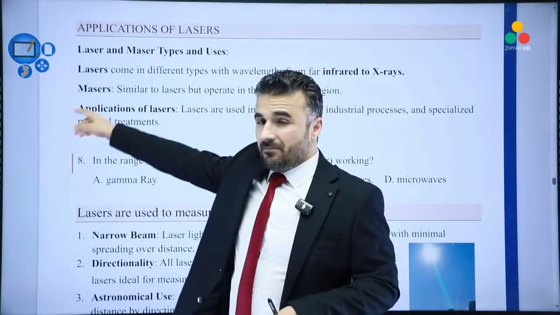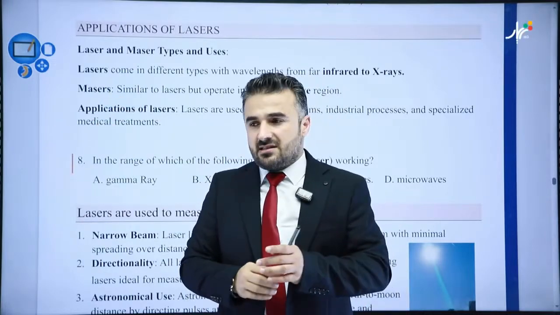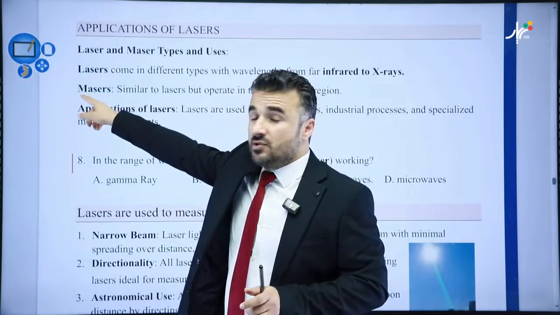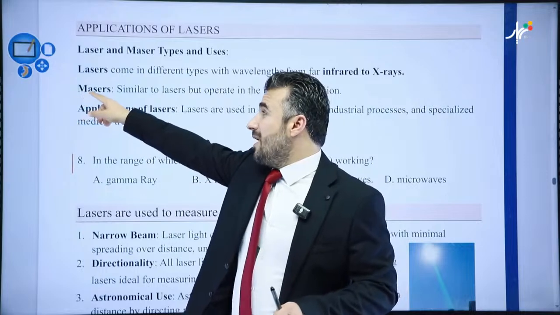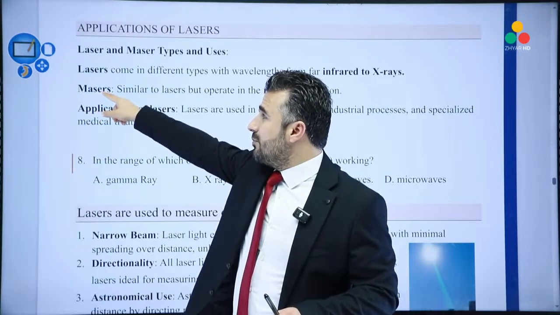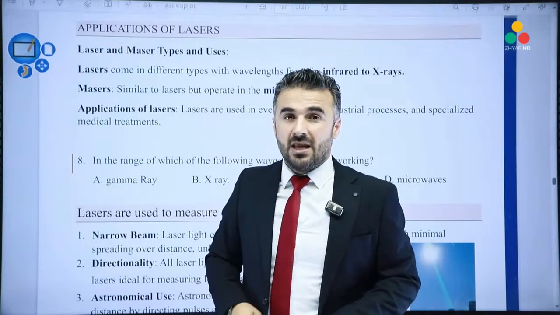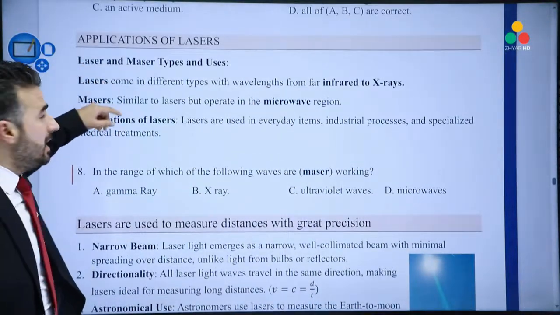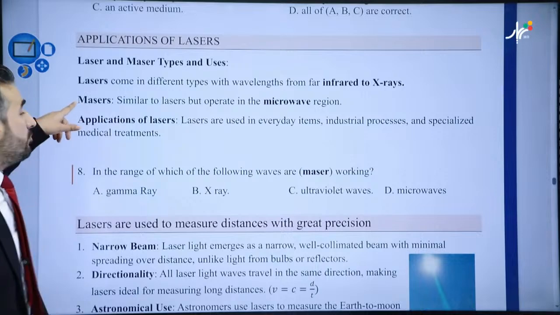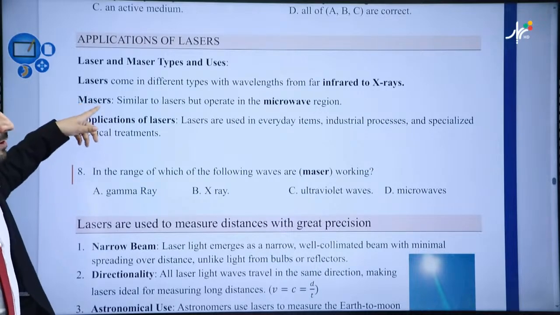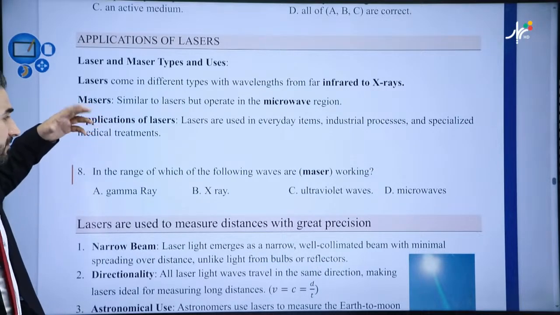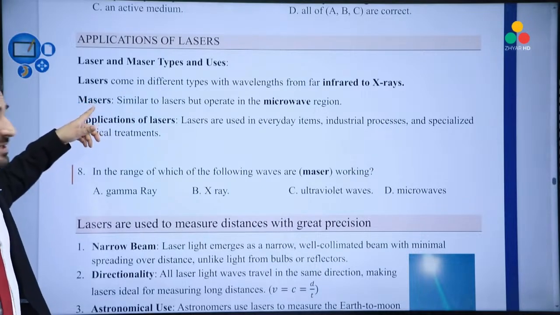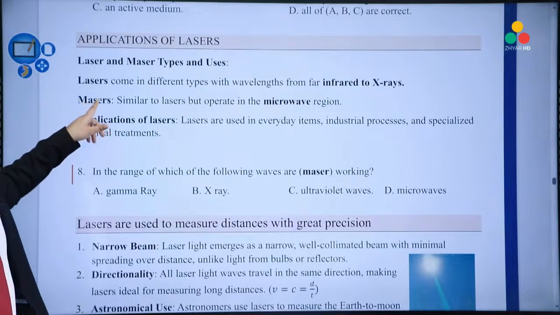Masers use the same principle, but instead of light, which is visible, they use microwaves. So it is microwave amplification by stimulated emission of radiation. They still use electromagnetic waves, but specifically microwaves here.